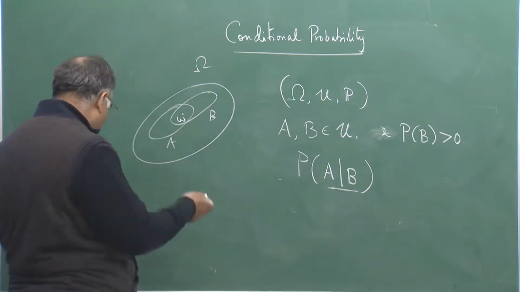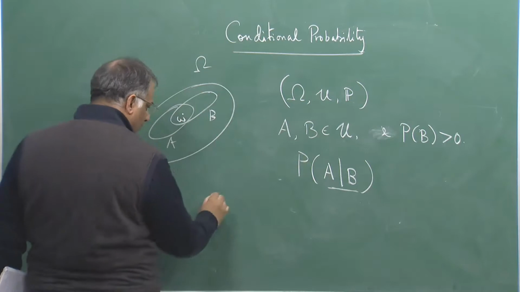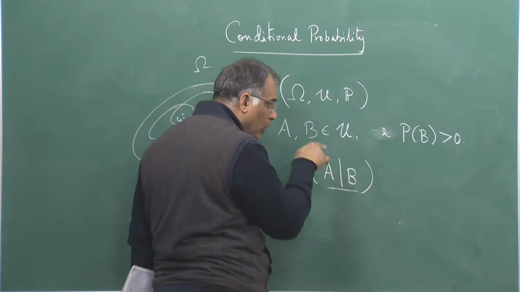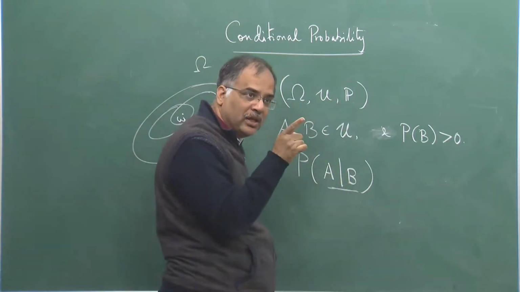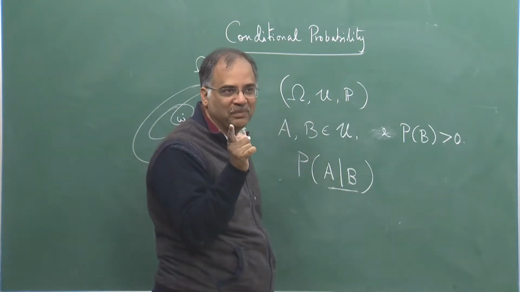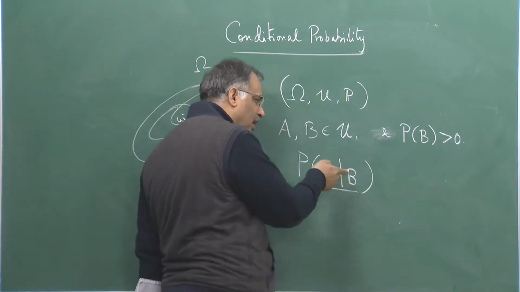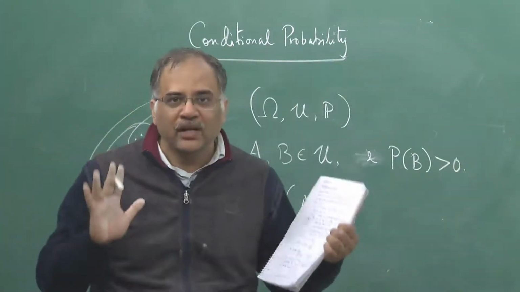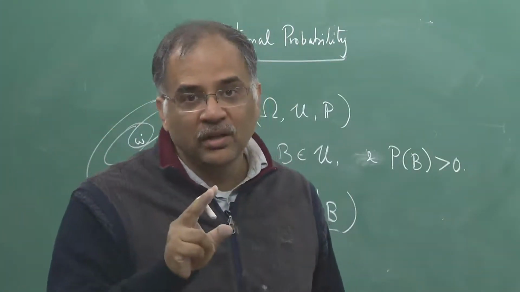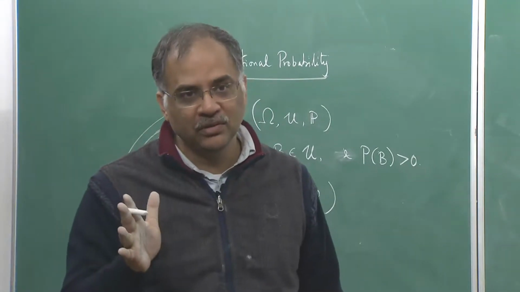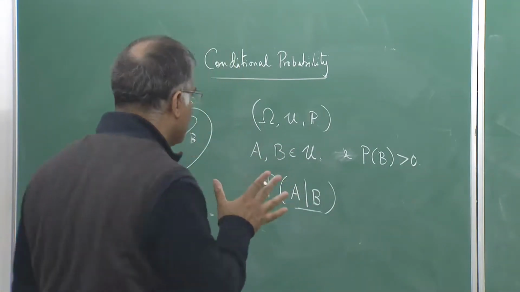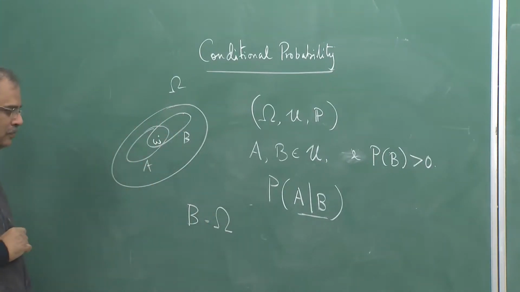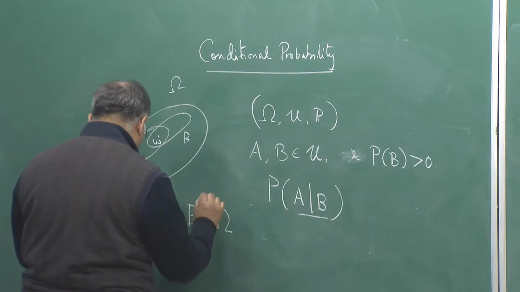So which means I really now have to consider a new sigma algebra and a new sample space here. I am only bothered about those omegas which have occurred in B. If they have not occurred in B, I am not bothered about them. That is why I am looking for A given that B has occurred. So we are only looking at those omegas which have come up in B, not at other omegas, and thus B is taken as my new sample space, which I mark as omega tilde.